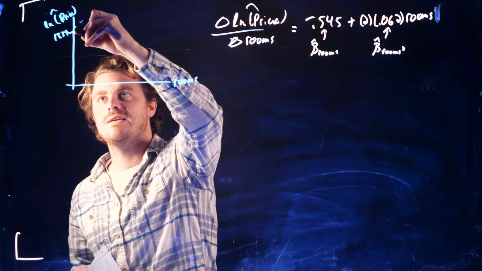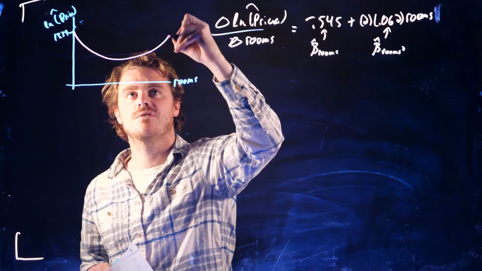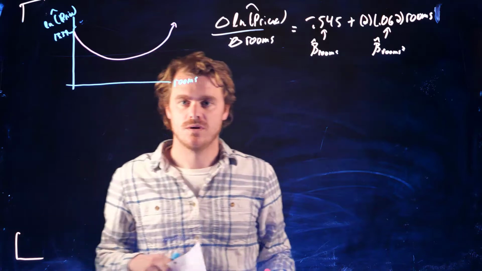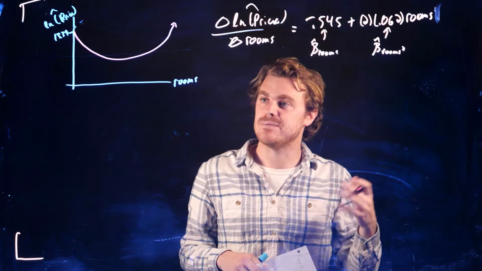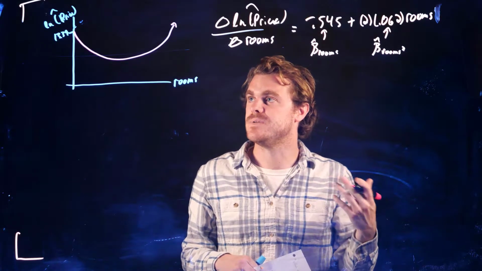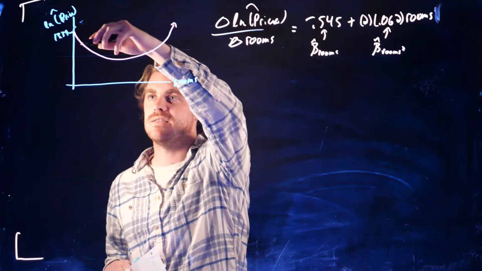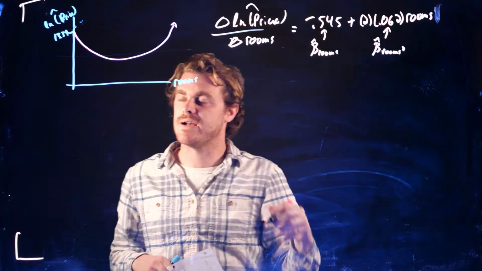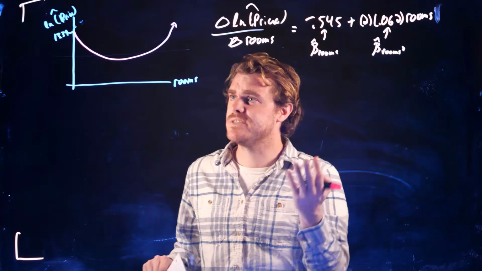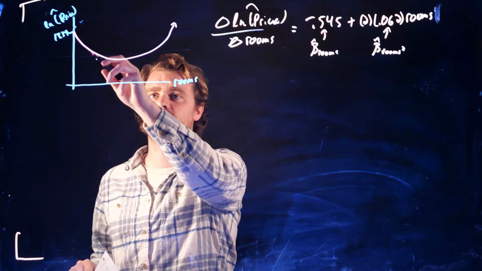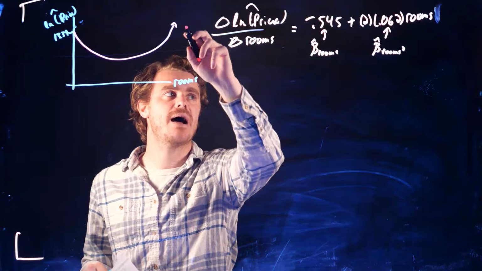And so what we're going to see is this kind of relationship between rooms and the estimated effect of rooms on houses. So this is like the total effect, and the derivative is like the marginal effect, right? It's going to go down for a while, and then eventually it's going to kick back up.